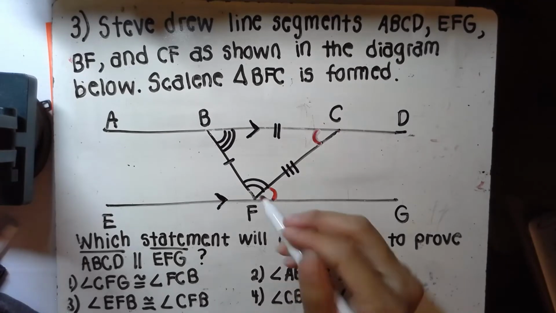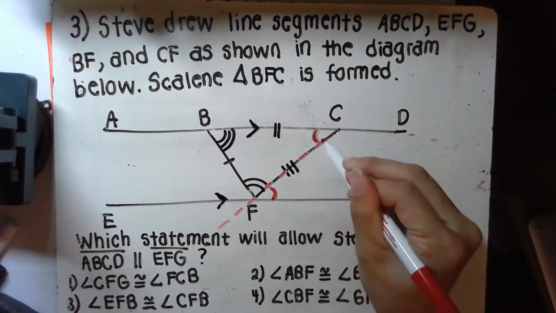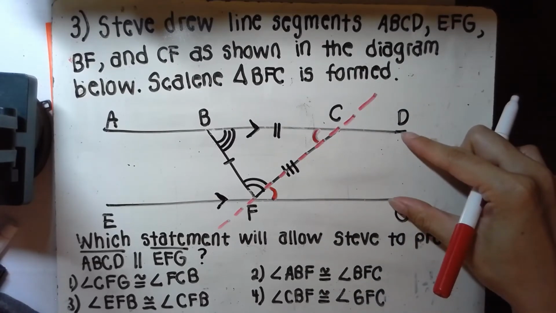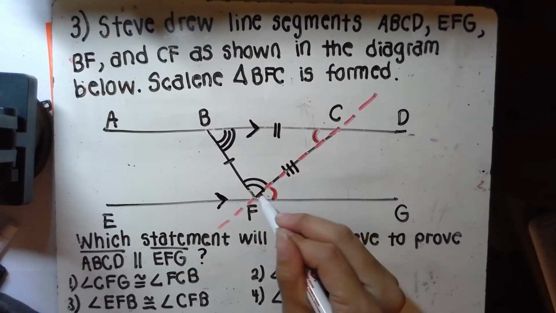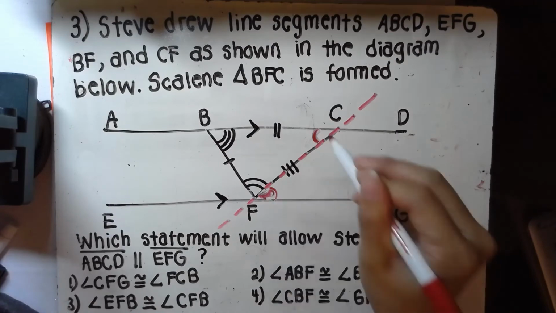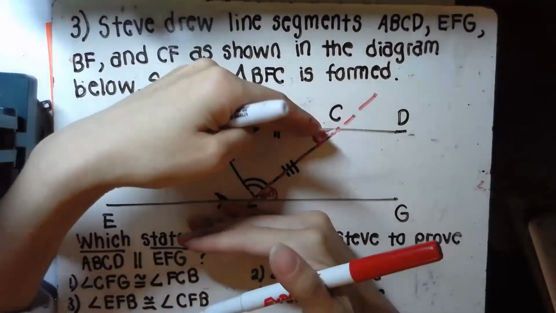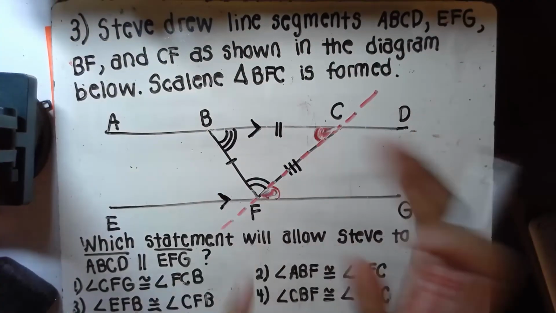If I extended this transversal right here, this is my transversal that cuts through these two parallel lines, then these are really just our alternate interior angles because they're inside the parallel lines and also they're on opposite sides of this transversal.